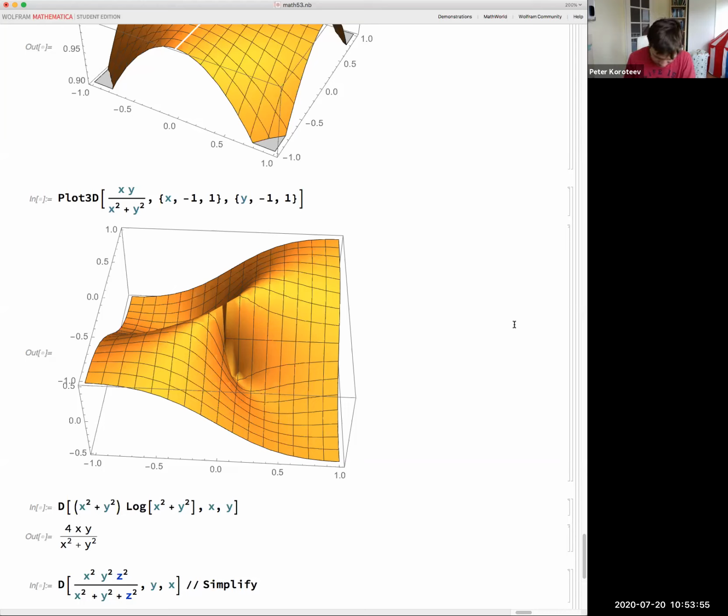Remember, we had 2 lines here. On this line, the function was taking constant value 1. On that line, the function was taking constant value -1. So which points are local maxima, which points are local minima?